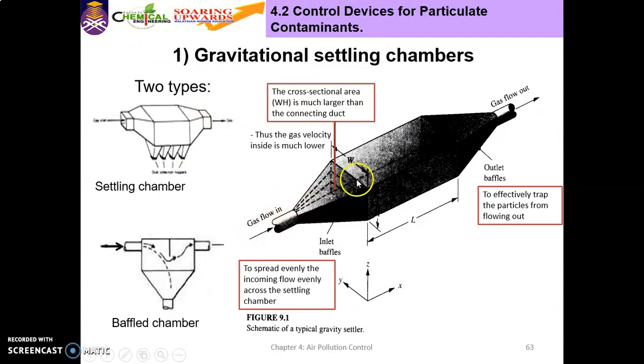So when it reaches here, the velocity will be reduced because of the larger area. So it has time to fall down. At this area, all the particulate will be disposed of at the chamber, and the cleaner gas comes out.